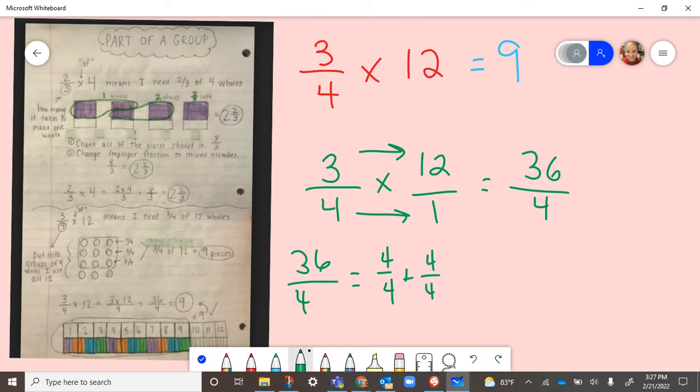I'm taking 36 and pulling out groups of 4, because every time I do that, I make a whole. So there's 4, 8, 12, 16, 20, 24, 28.